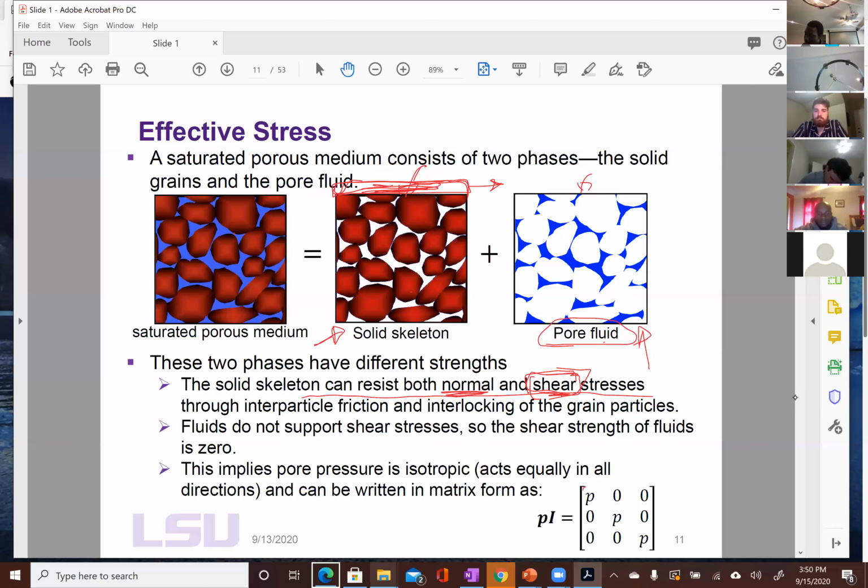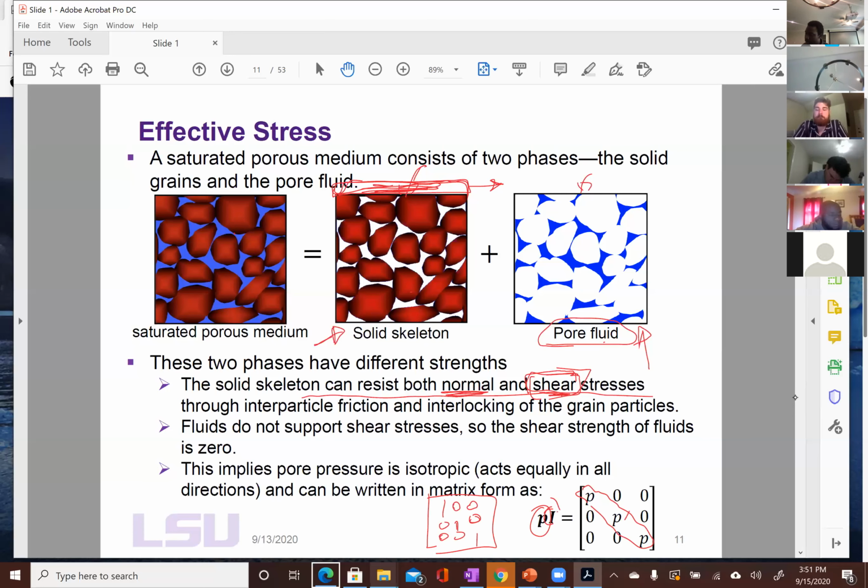And that's precisely why this is isotropic. Your pore pressure is one value, it's a scalar. We want it to look like your tensor so that you can add it to your effective stress or subtract it from your total stress, which we'll see shortly. And so we multiply by an identity matrix, and an identity matrix is just ones on the diagonal, 0 elsewhere.